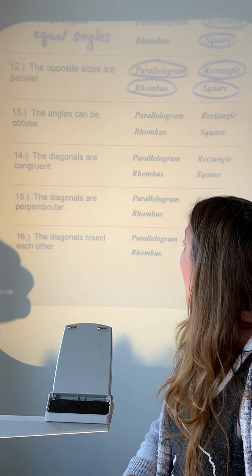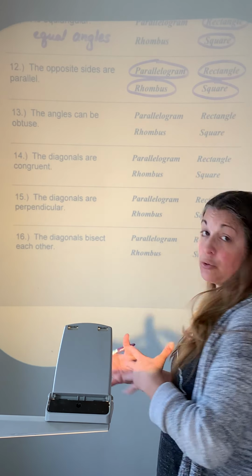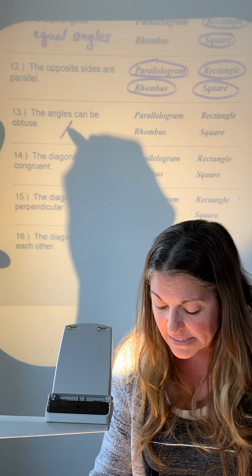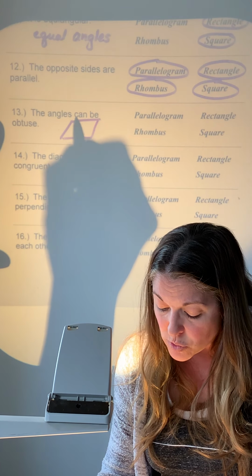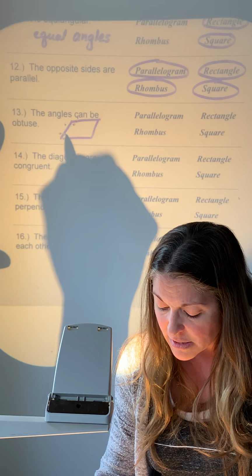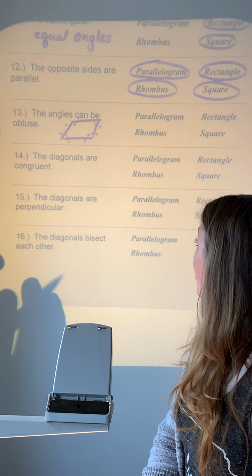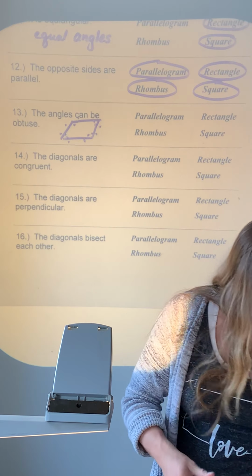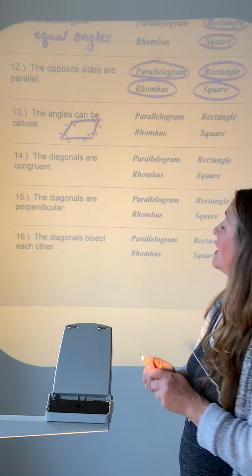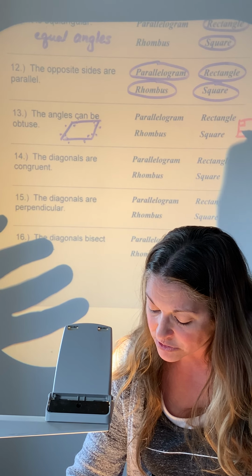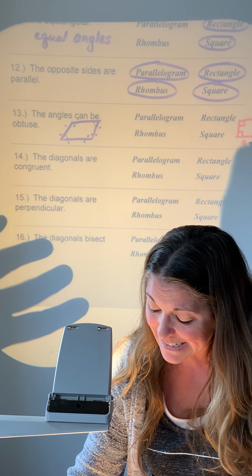Number 13, the angles can be obtuse. So now just to clarify for this one, what we're talking about is the actual corners here of the figure. So if you think about it, guys, we know that if we're talking about the rectangle or square, well, all of those corners are exactly 90 degrees.